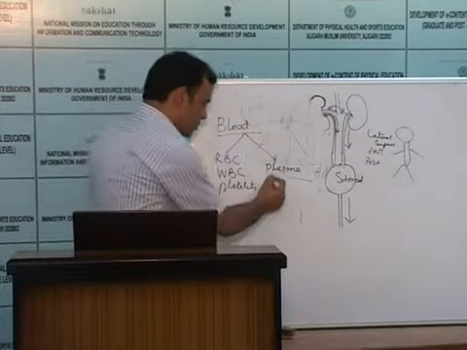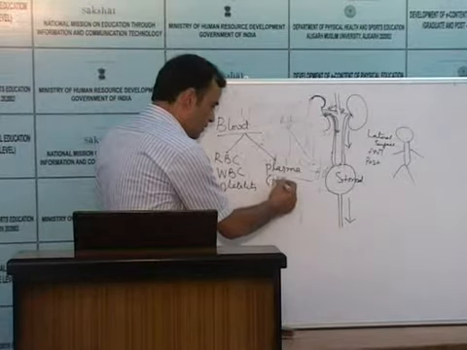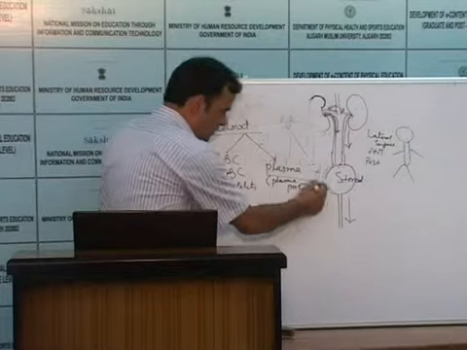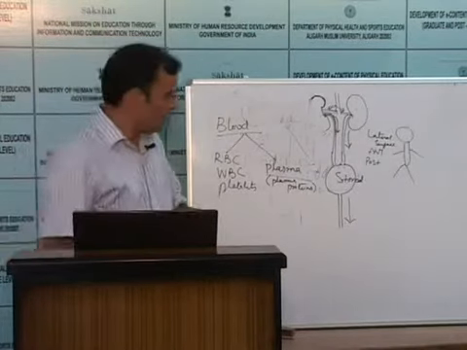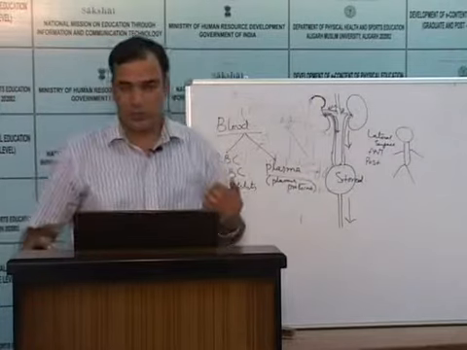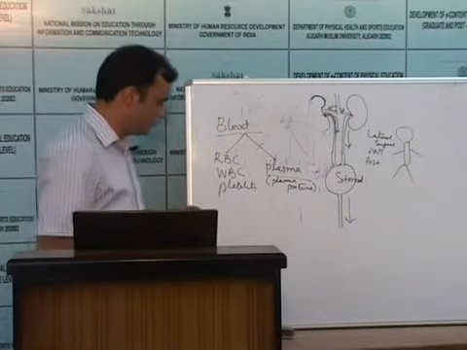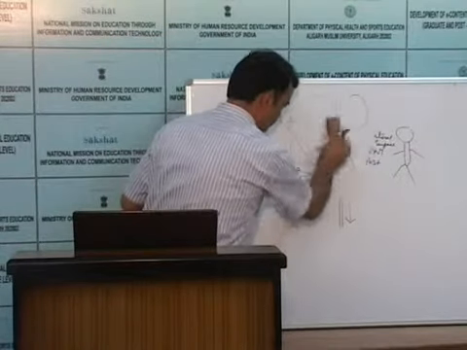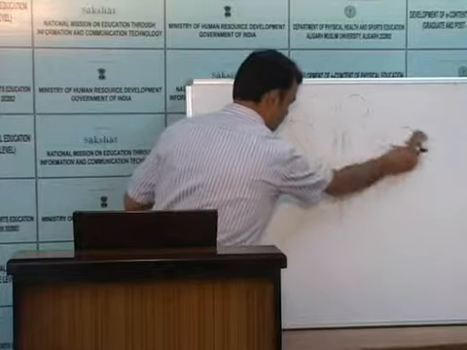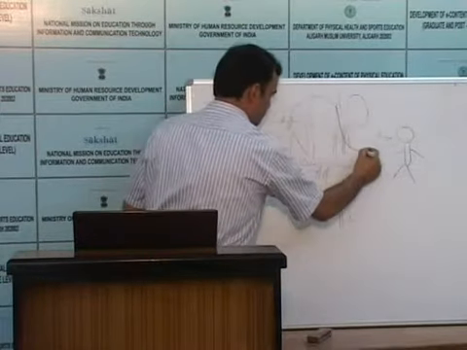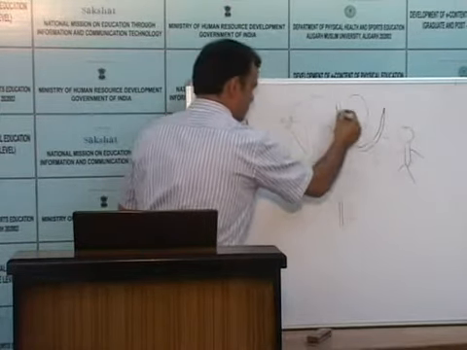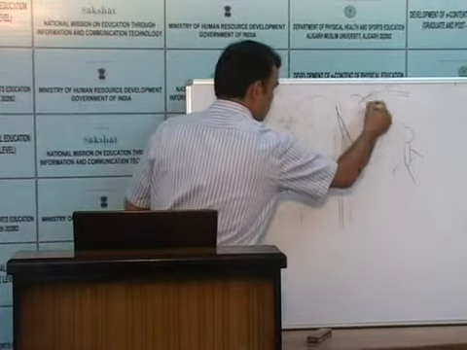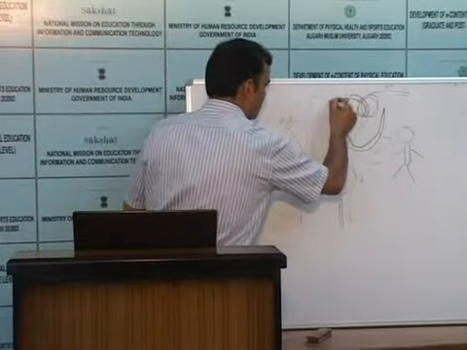This plasma also contains proteins called plasma proteins. Now when the blood passes through the glomerulus, this is the Bowman's capsule, and here blood enters into the glomerulus, which is like a tuft of capillaries.